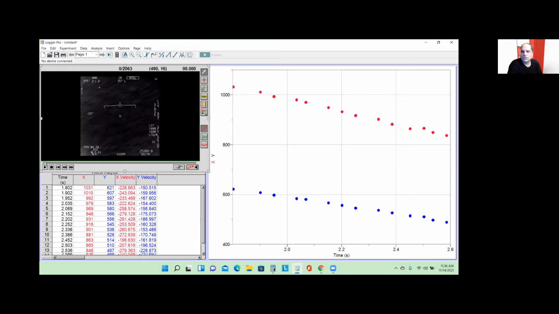Not sure what the motive for that is, but let's say that distance is, you know, maybe it's traveling at 600 feet per second.